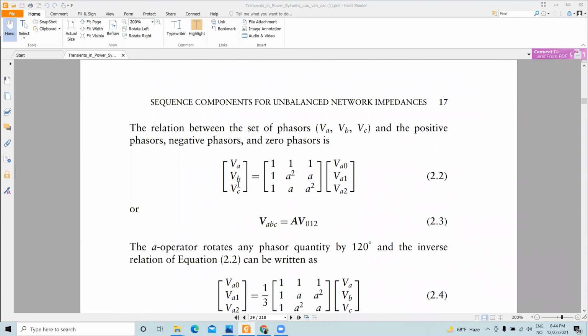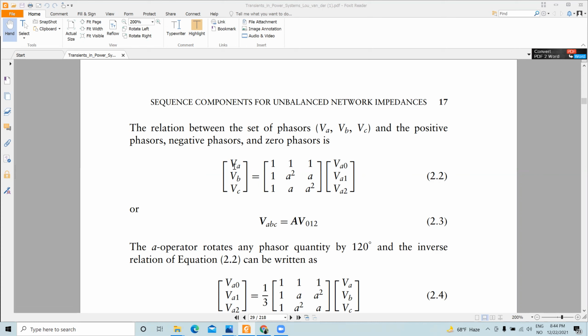So VA, VB, and VC can be written using a matrix which is called A, written like this, where small a represents a multiplying factor of 1 at 120 degrees. If you multiply small a with anything, it will shift it by 120 degrees. VA0 is the zero sequence, VA1 is the positive sequence, VA2 is the negative sequence component.